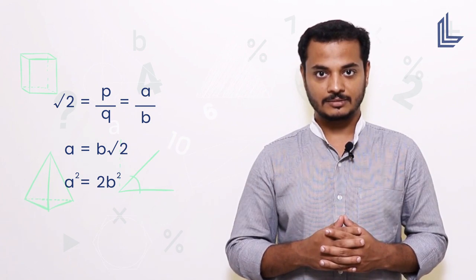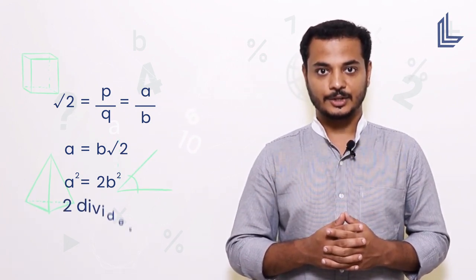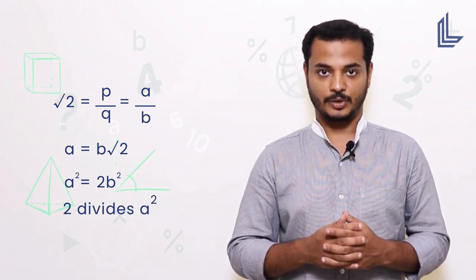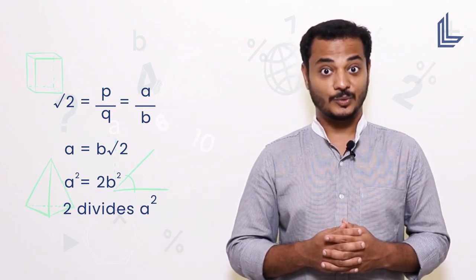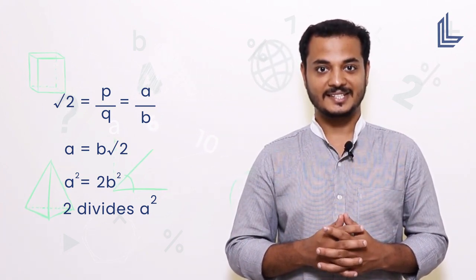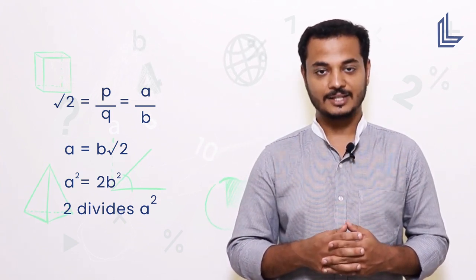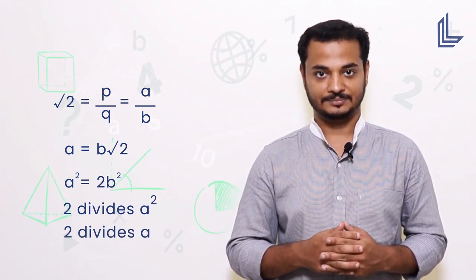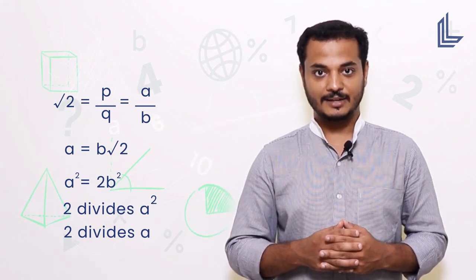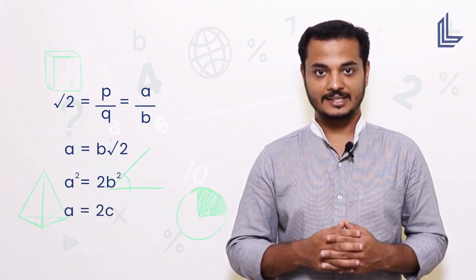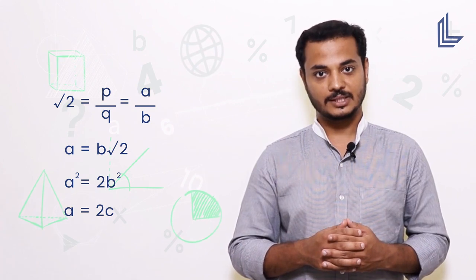What does it mean? It means that 2 divides a square. Now remember the small theorem that we just discussed? If 2 divides a square, it means that 2 divides a as well. It means we can write a as 2 times c.